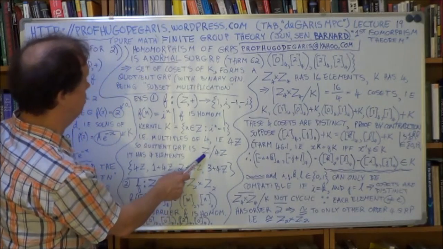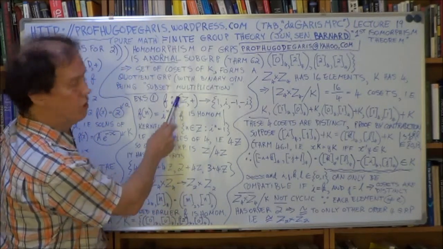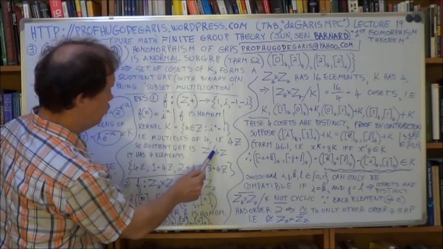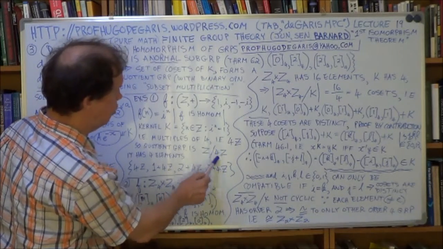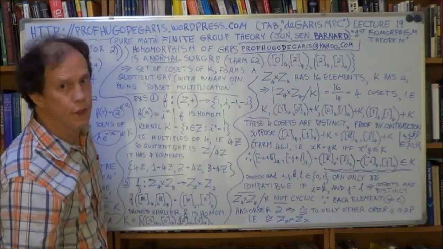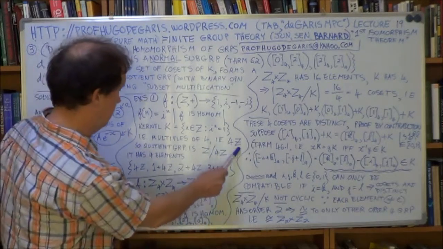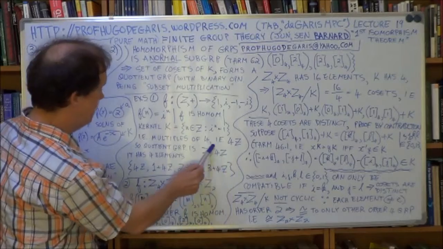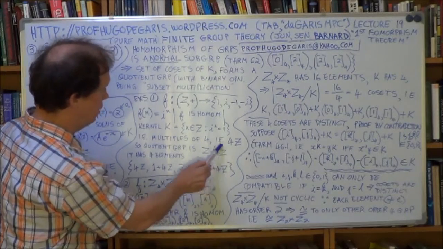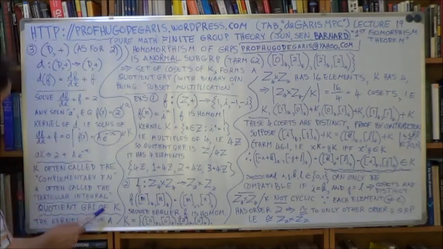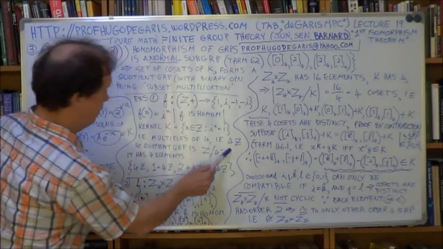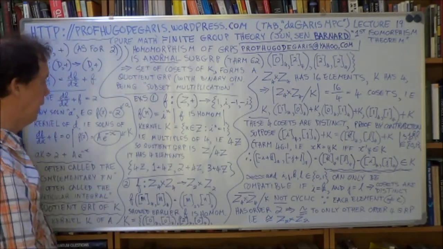Here's our original group G, the set of integers, and here's our normal subgroup. It's 4Z, and that normal subgroup here is the kernel, right? That's the kernel. So this quotient group here is the quotient group of the kernel here, right?